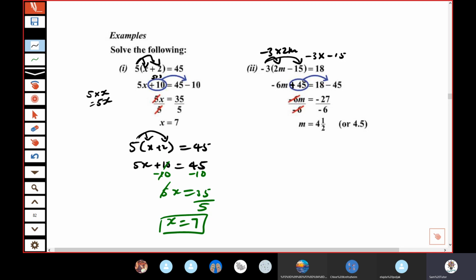Then what do we do to the plus 45? Bring it to the other side, minus 45, and then you're left with negative 6m equals negative 27. 18 take away 45 is negative 27. Then you divide by negative 6 on both sides, and you should end up with 4.5.